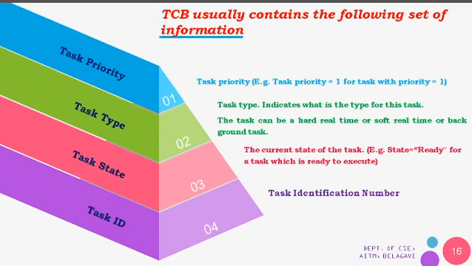The task state is the current state of the task, for example, the state is ready for a task which is ready to execute. The task type specifies the type of the task, which can be hard real time, soft real time, or a background task. Task priority, for example, the task priority is set to 1 for a task with priority equal to 1.